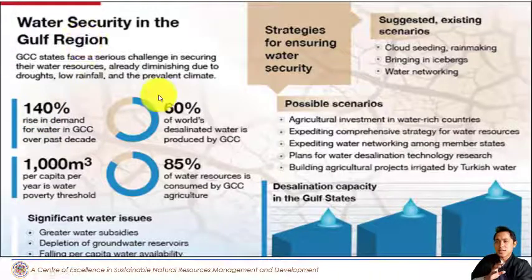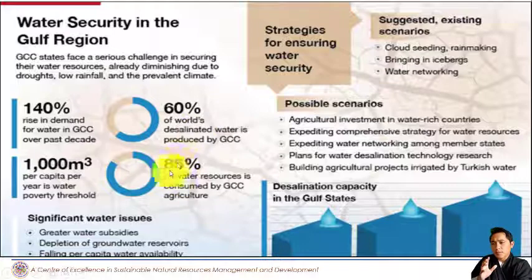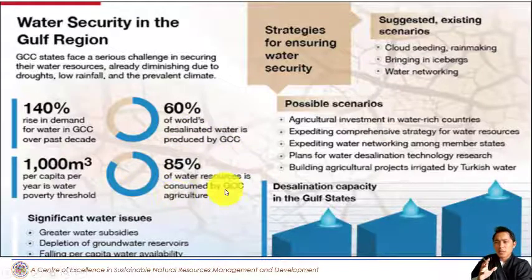So 60% of the world's desalinized water is coming from this Gulf Coast area. That means they are using lots of technology to desalinize water in order to supply more water resources. Again, it's found that lots of water is going to the agriculture system.